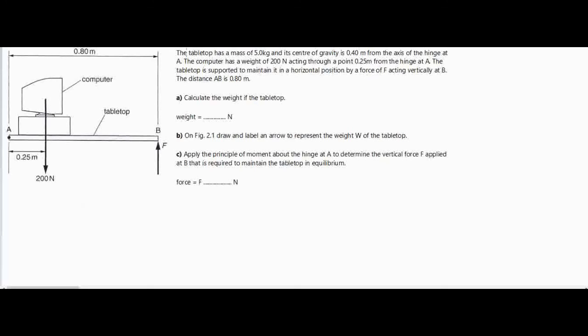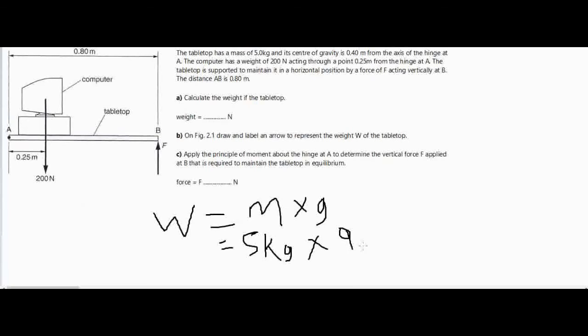Now in the question up here, it says that the tabletop has a mass of 5 kilograms. So we know that weight is equal to mass times g, i.e. gravity with the acceleration. So it's equal to 5 kg times 9.8 newtons per kilogram.